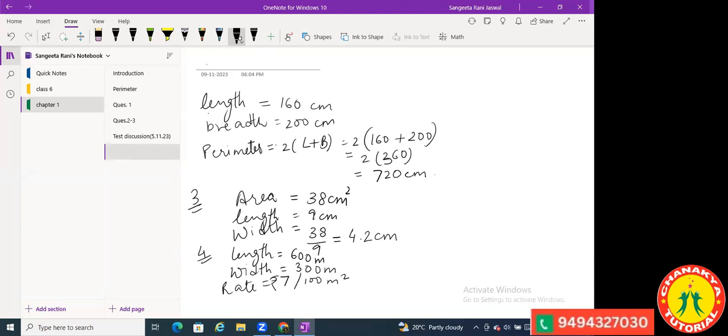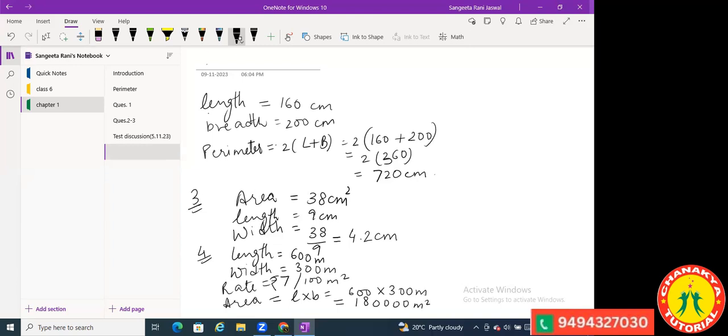Now we find the area. The area is equal to length into breadth, since this is a rectangular piece of land. So this is 600 meters into 300 meters.